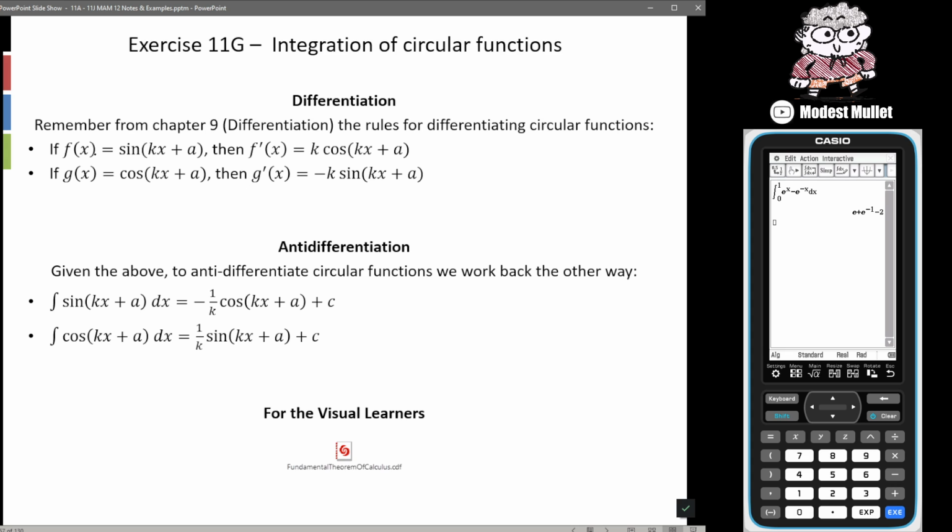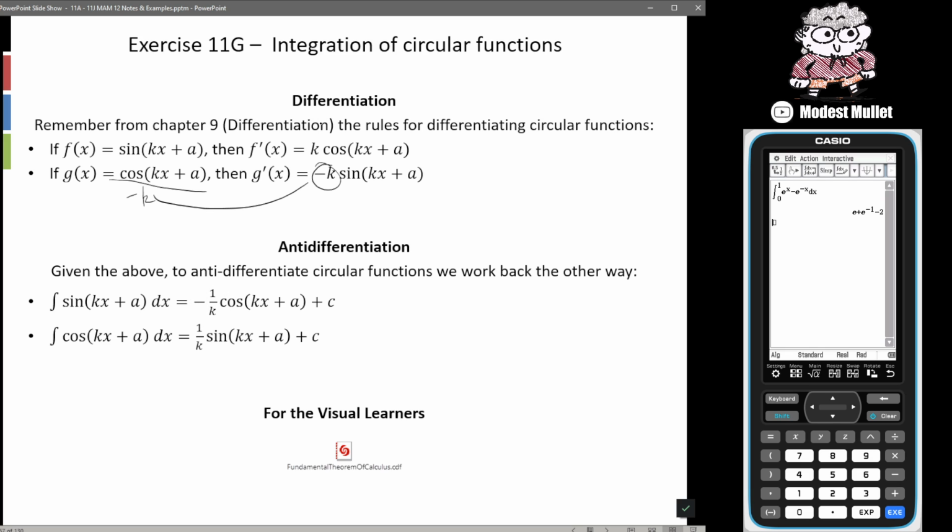But basically, if we remember that the derivative of sine is cos, and the derivative of cos is negative sine, if we work backwards, it's almost like doing inverse operations. We bring the k underneath, which instead we can write out the front.